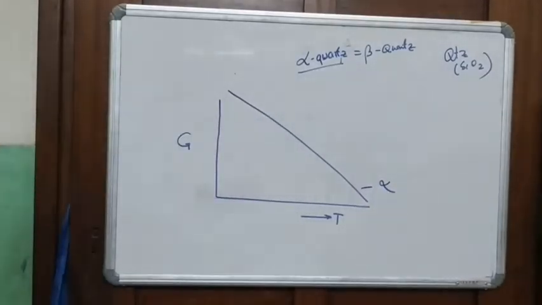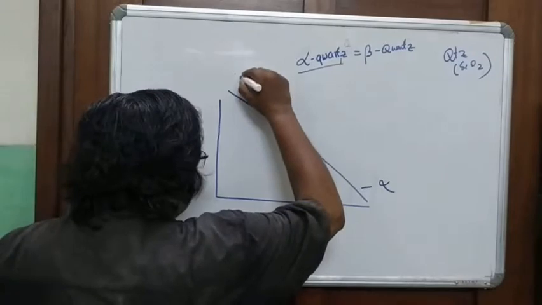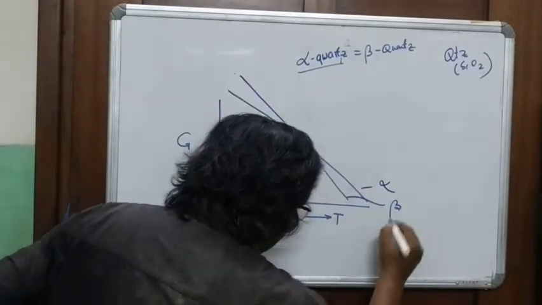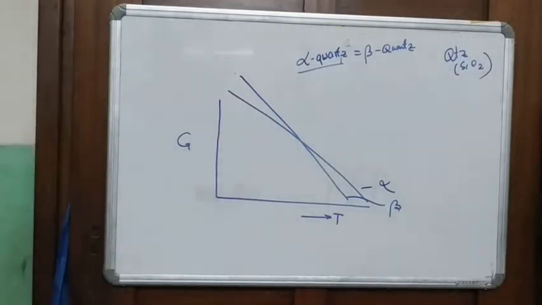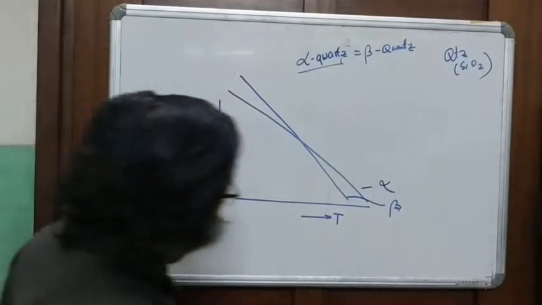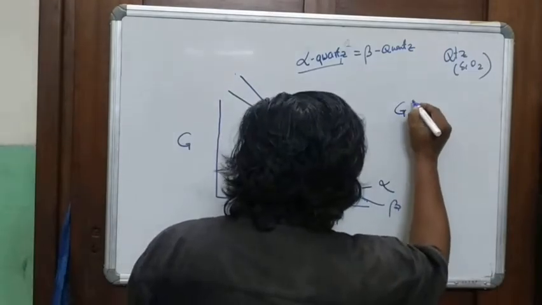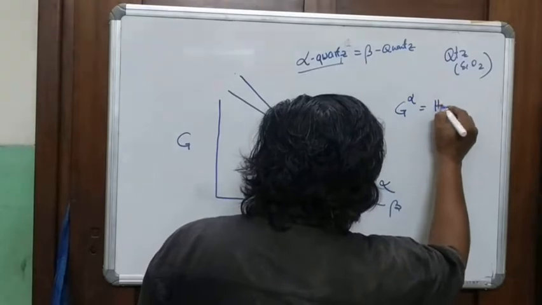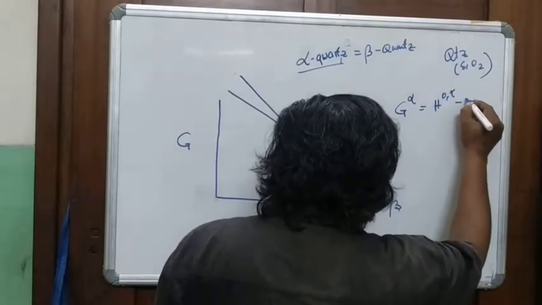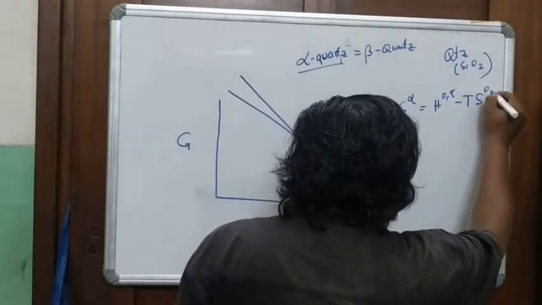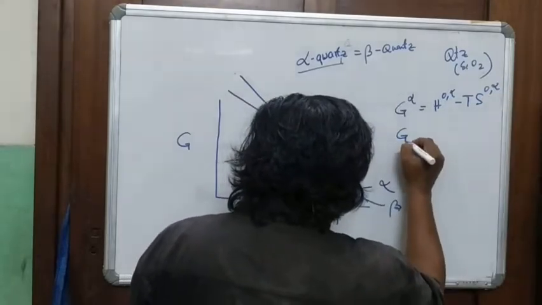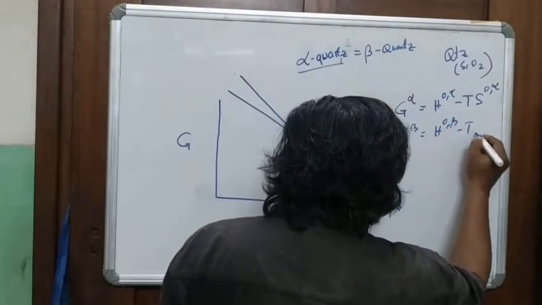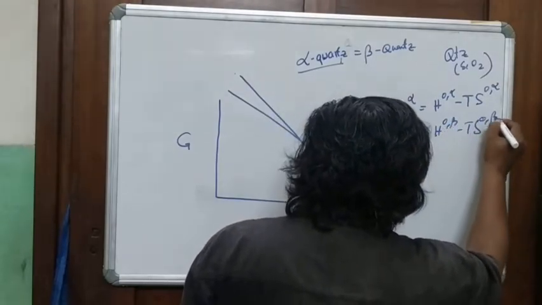This is alpha quartz, and this one is beta quartz. Right? And so we can write G alpha is equal to H0 alpha minus T S0 alpha, and G beta is equal to H0 beta minus T S0 beta.